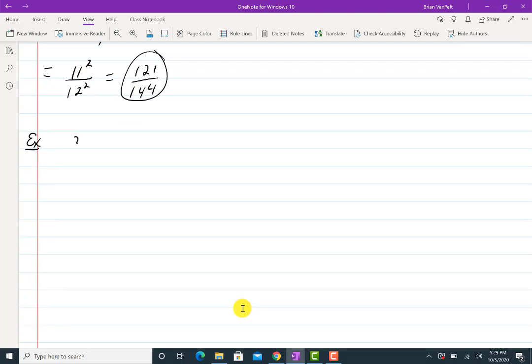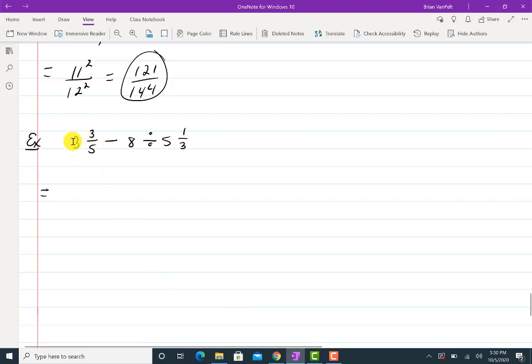Next, I have 3 and 3/5 minus 8 divided by 5 and 1/3. I guess before you do any kind of PEMDAS, I would make all of my mixed numbers into fractions. So let me do that before I do any other steps.